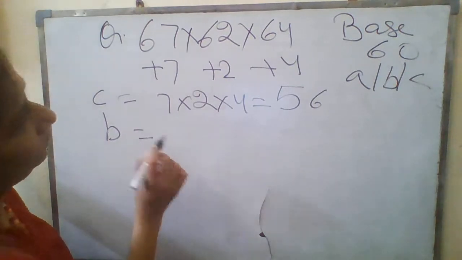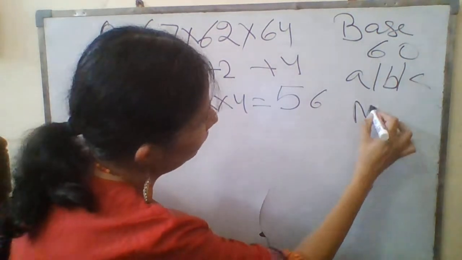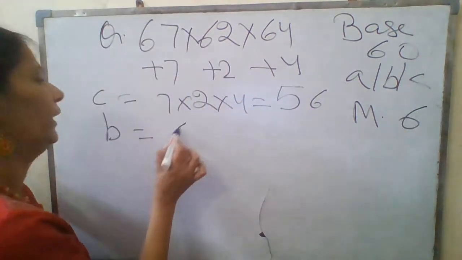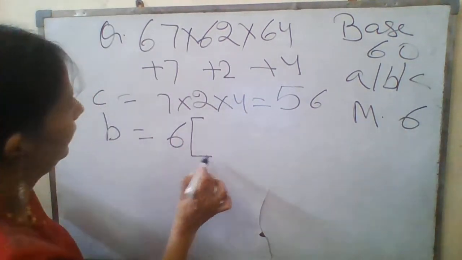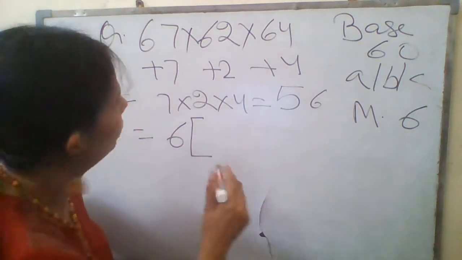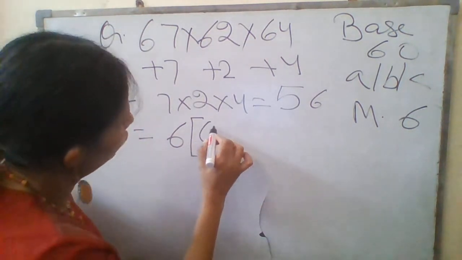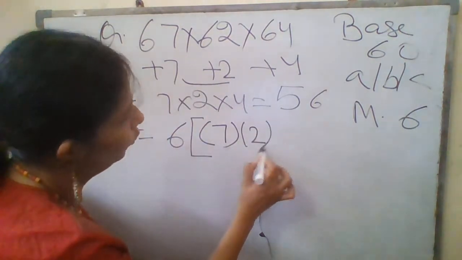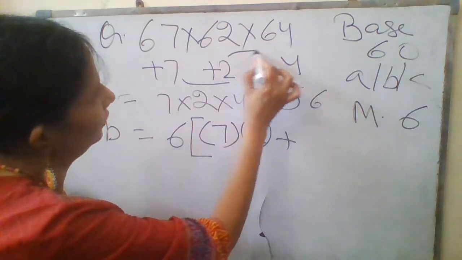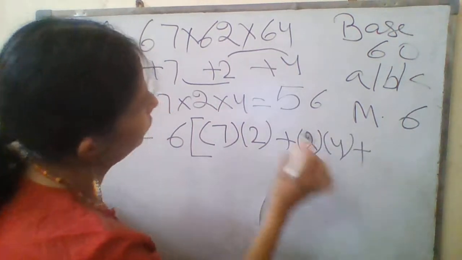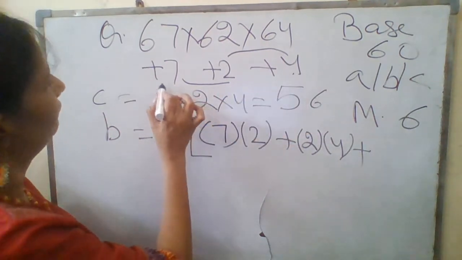Now you look at B. You have to find out the value of B. You see what the multiplier here is. The multiplier here is 6, so you write down 6 in the bracket. Then, as I told you, you have to multiply two terms. First two terms, 7 and 2: 7 multiply 2, plus the next two terms 2 multiply 4, plus the next two terms 4 multiply with this 7.